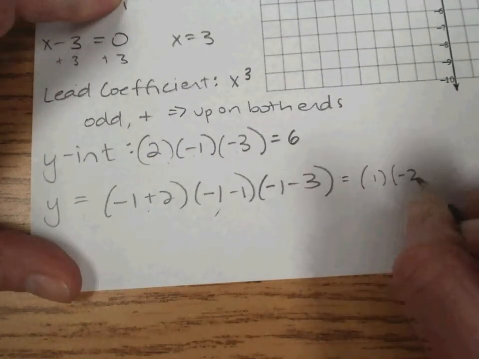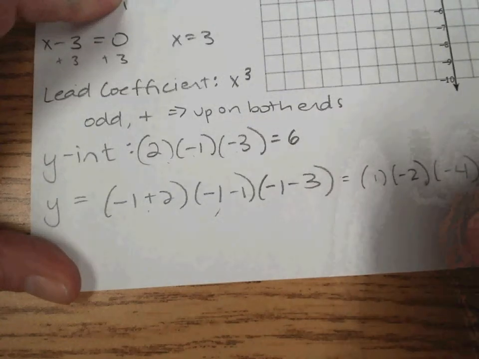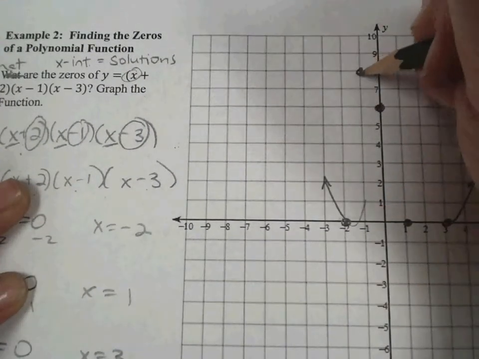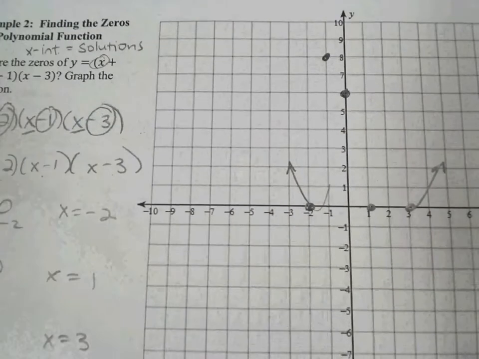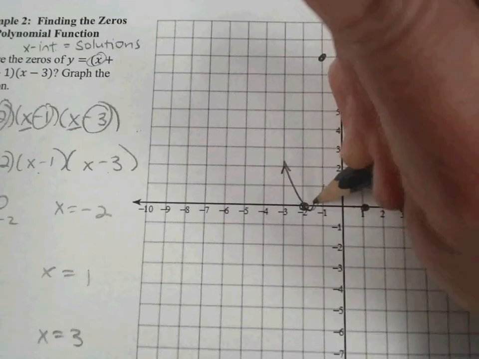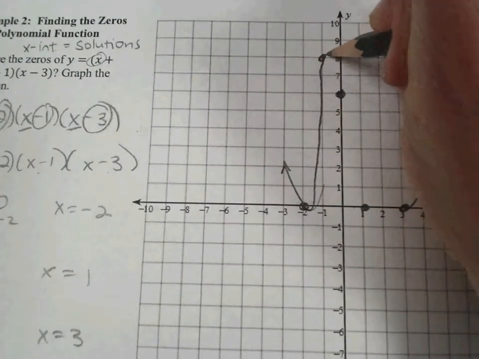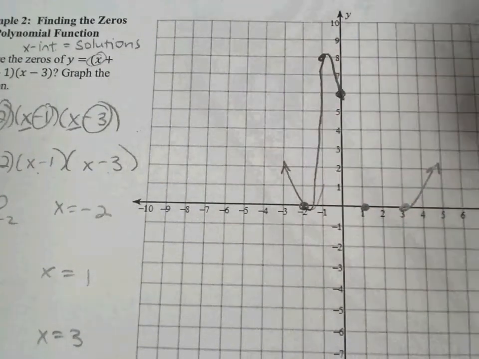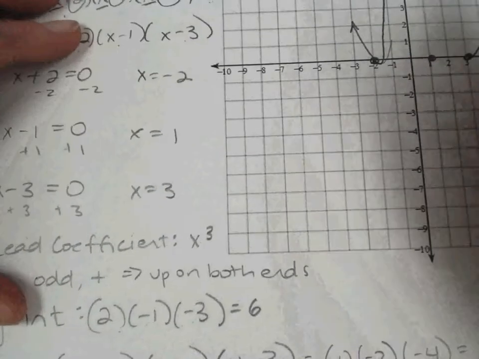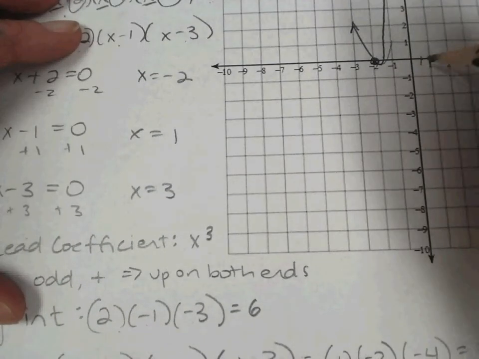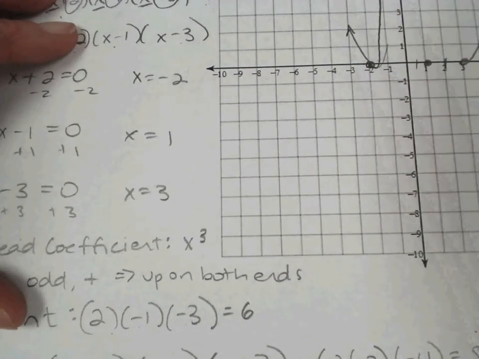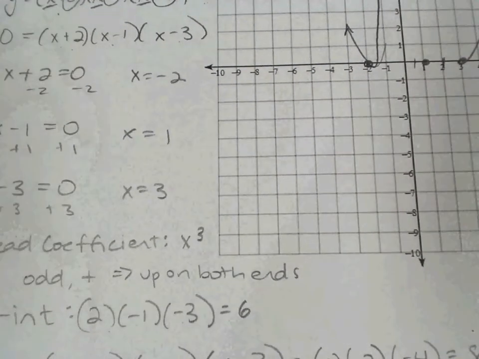That's a positive 1 times a negative 2 times a negative 4, or positive 8. So at negative 1, we have a point here, positive 8. So somehow this goes down and then comes all the way back up, then goes down. We can try a negative or a positive 1/2. We could try a positive 2 also.